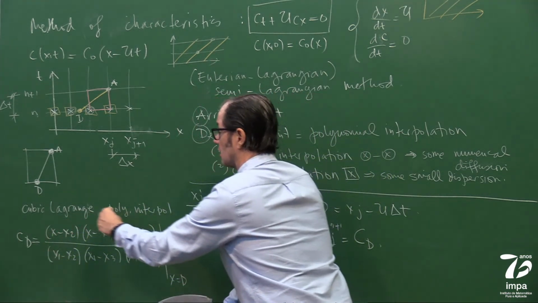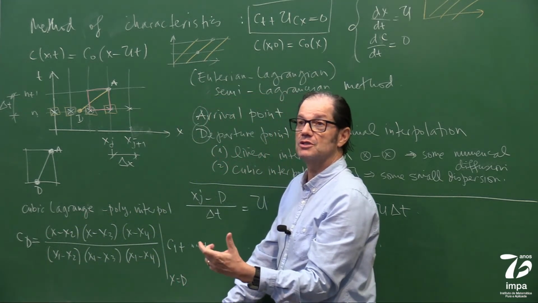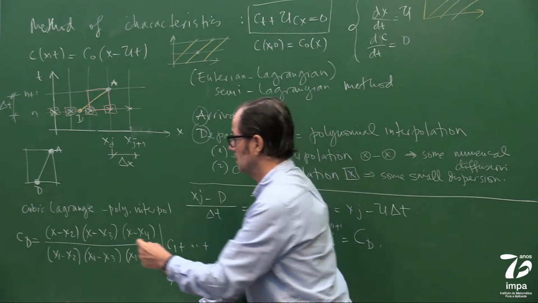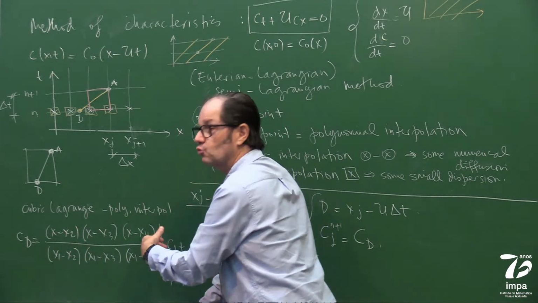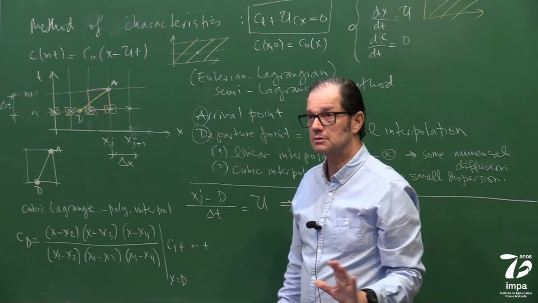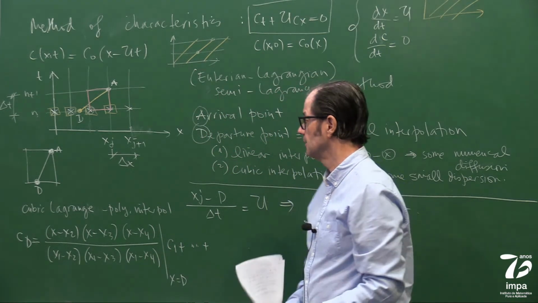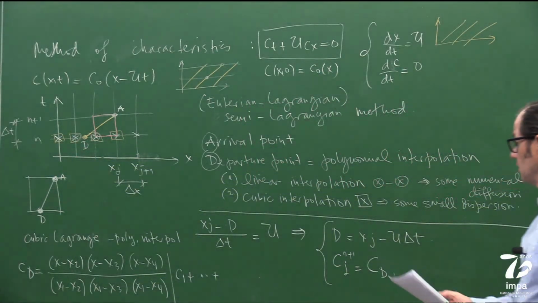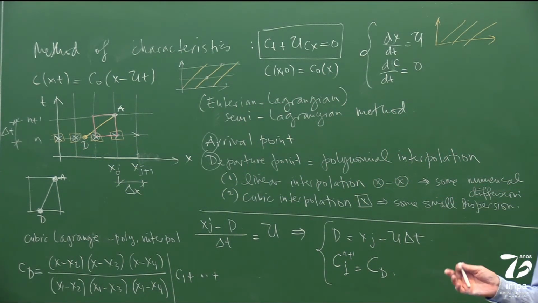This is the Lagrange polynomial, which behaves like a Kronecker delta. It's going to be 1 at one node and 0 on the other ones. Everybody knows what I'm talking about, right? And therefore, this is the good one for this guy, and so on.